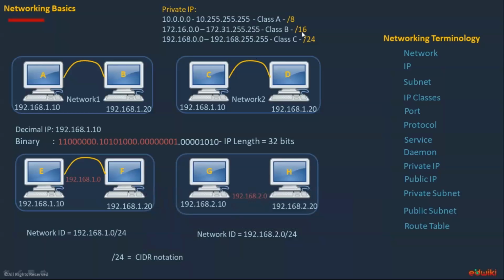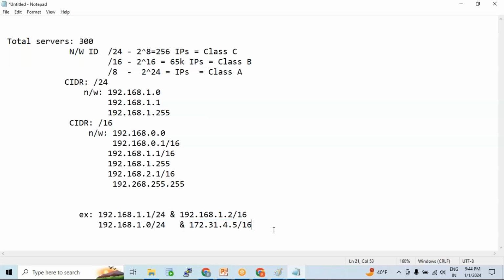But again, whether you follow these guidelines or you don't follow the guidelines is up to you, but following these guidelines is really a best practice. In the sense, can I configure the IP like this? 172.31.4.5, I wanted to configure this IP in the /24 CIDR block. Will it work?